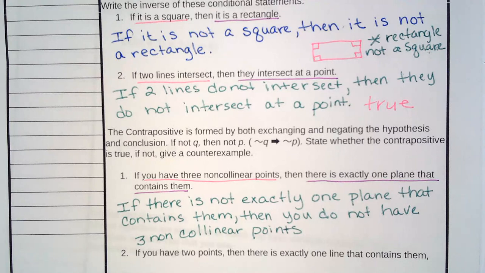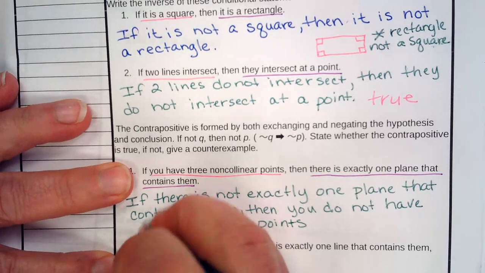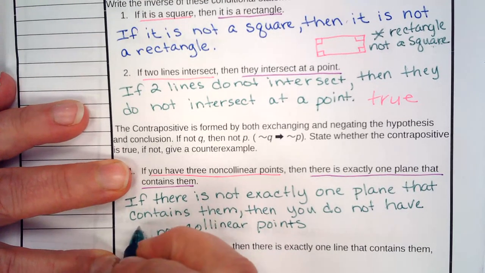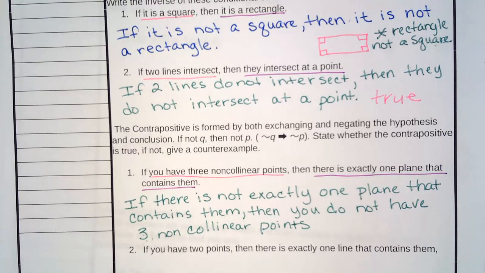What do you think? True or false? Can we have three non-collinear points that would not be found in a plane? If there is not exactly one plane that contains them, so we're just looking out in space.